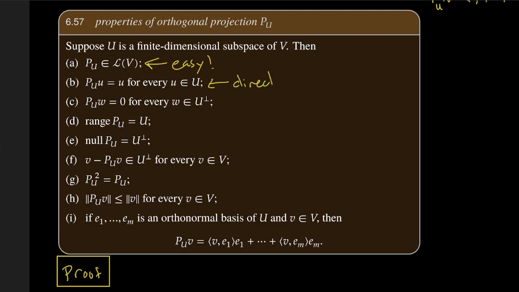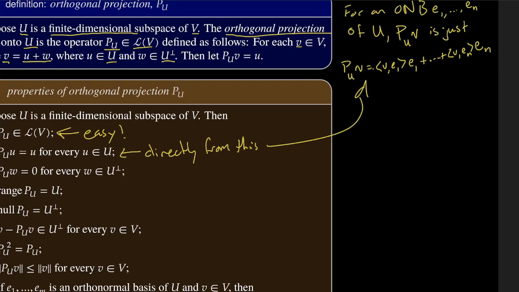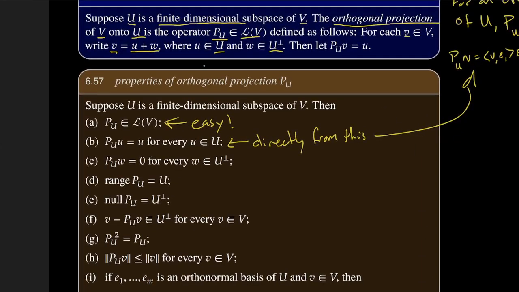This follows directly from this formula I gave you right there, that's just immediate. That is, if u is in U, then this will just give you that. Also, an easier way to see it is that if you write u as something in U plus something in U perp, well, U intersect U perp is the 0 vector.